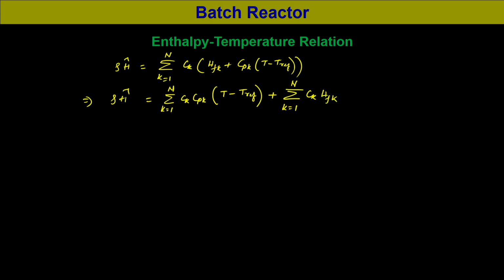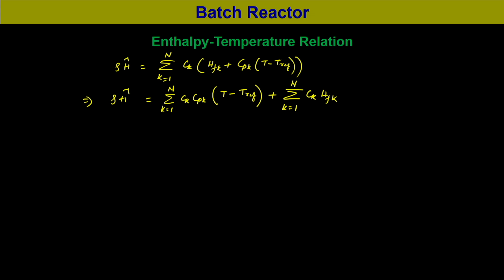So, the sum of the terms of the heat capacities, we can write as the specific heat of the whole mixture, because this is from k is equal to 1 to N for N species.